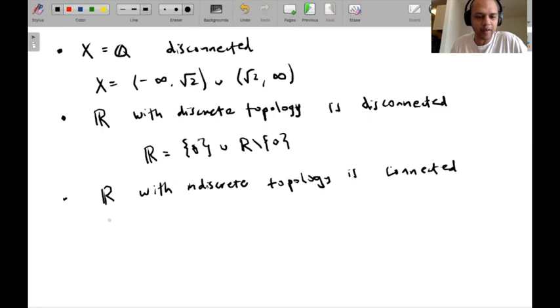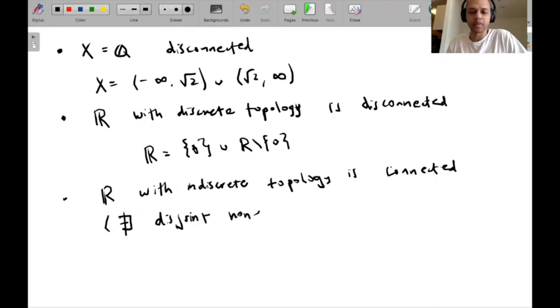The only open sets are R and the empty set, so in this topology there don't even exist disjoint non-empty open sets. The only non-empty open set is R. There are not two disjoint ones.